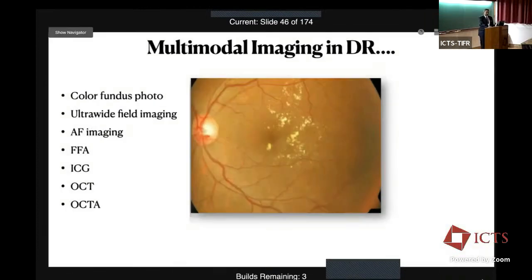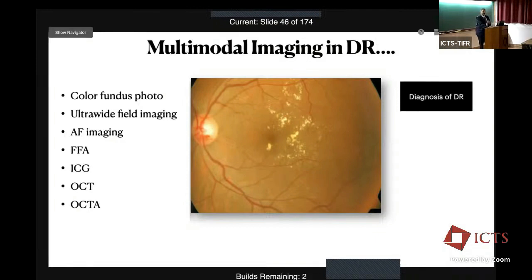So we have color fundus photograph, ultra wide field, autofluorescence, fundus fluorescein angiogram, OCT, optical coherence tomography, and more recently OCT angiogram. Though I say recently, those who are practicing retina in India, 80 to 90% have all these tools. So it is something a clinician always uses.